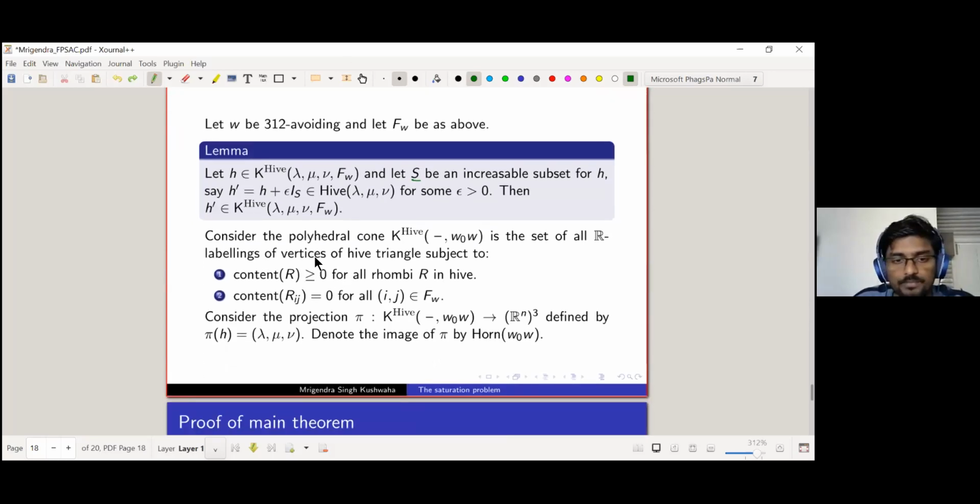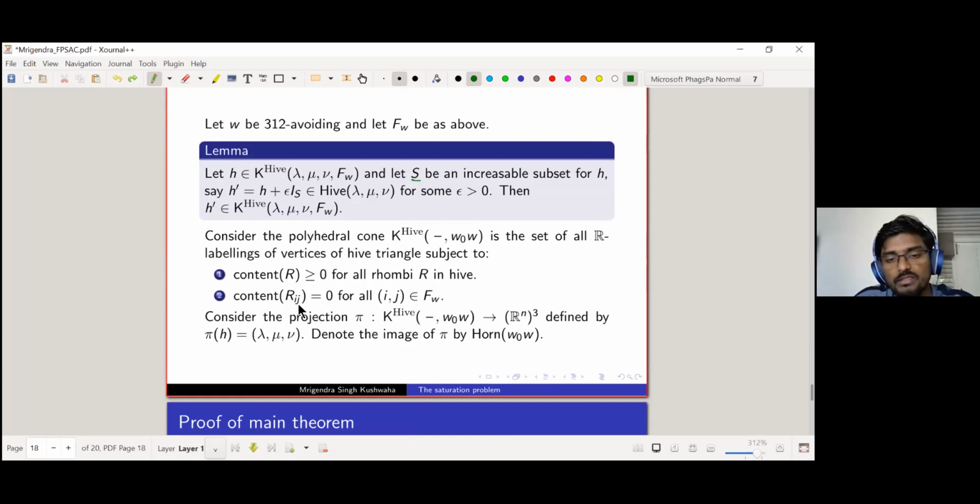So here is a polyhedral setup. Consider the polyhedral cone K hive, and let us relax the boundaries so they vary. Lambda, mu, nu also vary, and we only impose here w naught W. So what is this? This is the set of all R-labelings of vertices of the hive triangle such that the content of any rhombus is at least zero, like before. We are imposing that condition, and what extra condition are we imposing?